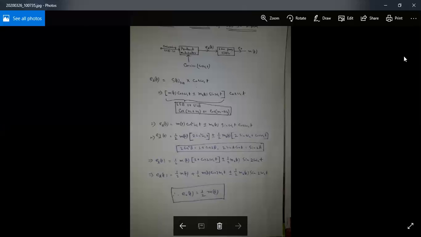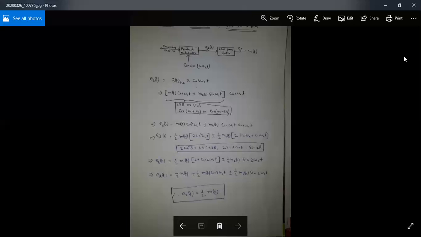The SSB-SC modulated wave may be represented as m(t) cos square omega_c t plus minus m_h(t) sin omega_c t into cos omega_c t. In the generation process, by using the phase shift method, we already discussed the SSB-SC modulated wave, that is nothing but m(t) cos square omega_c t plus minus m_h(t) sin omega_c t into cos omega_c t.